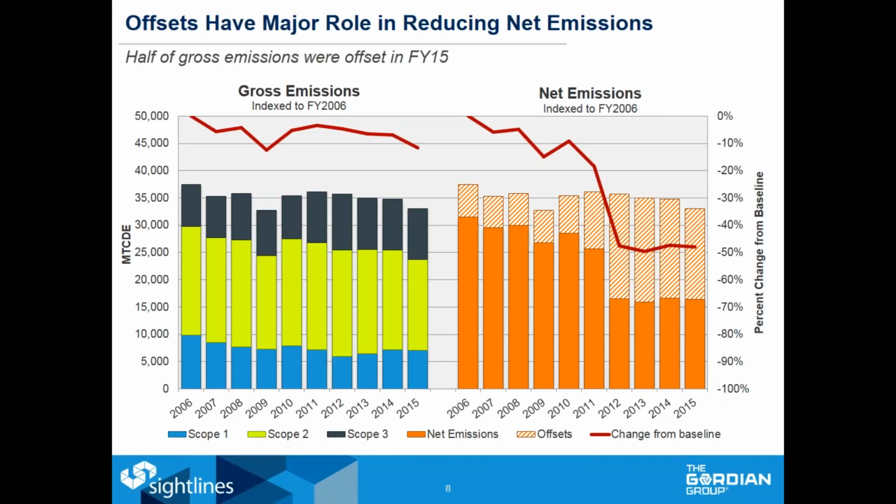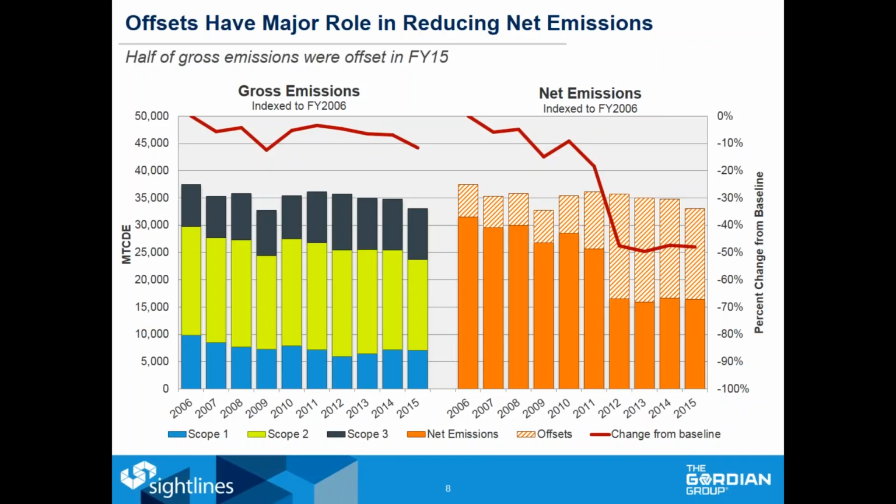This institution, tracking over time, has seen some progress in their gross emissions. They're down just about 10% against the baseline year of 2006. But if you look on the right, they had made a decision in between the years 2011 and 2012 to really take a bite out of those gross emissions.